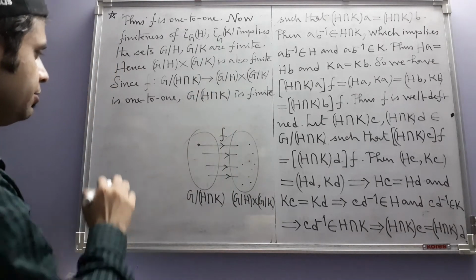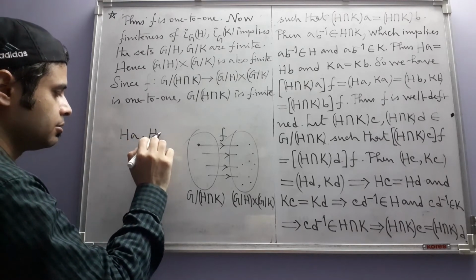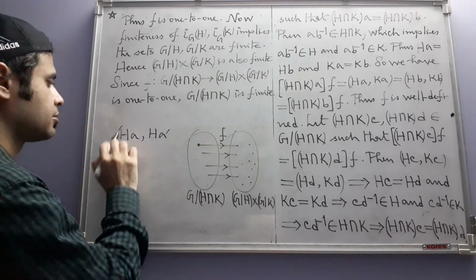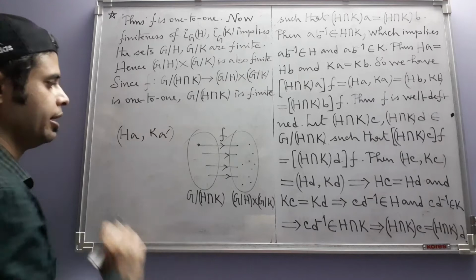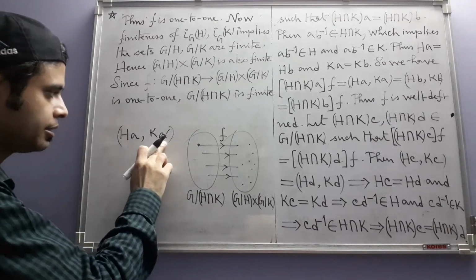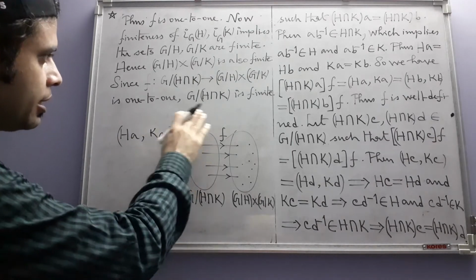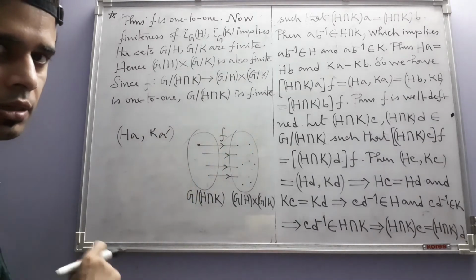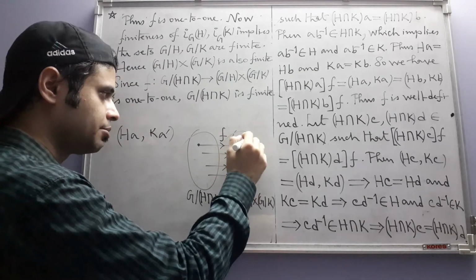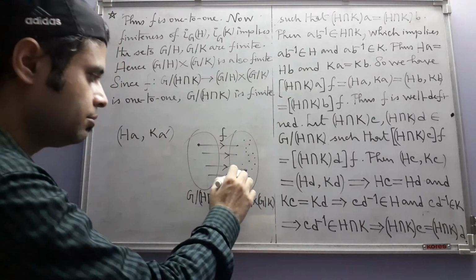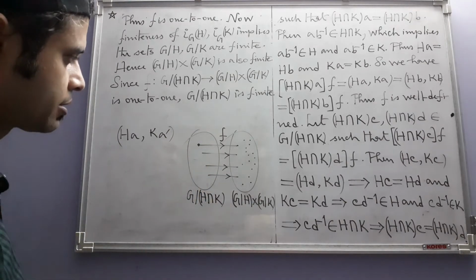You can clearly see that is the case. For example, if you consider the ordered pair (Ha, Ka'), where Ka' is not equal to Ka, say, then this will not appear as the output of any element in the domain. So there are ordered pairs in this second set which are not coming as outputs of the elements in the first set.